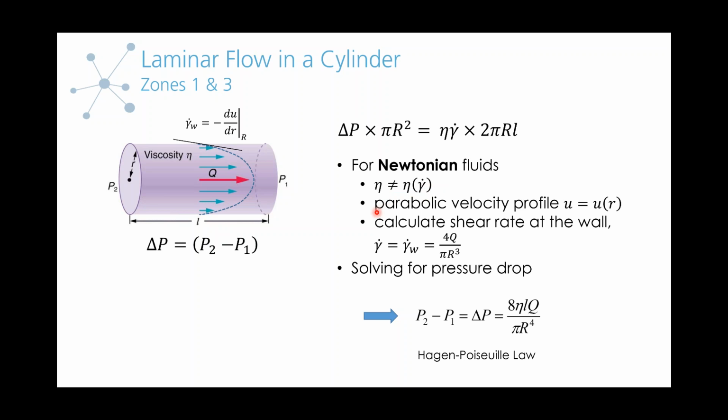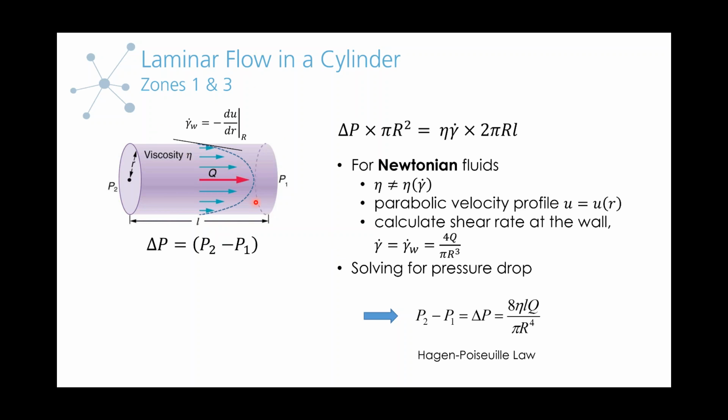So for the Newtonian fluid flowing through a cylinder, the velocity profile, and so what we have in the tube here are basically the arrows correspond to velocity vectors. The velocity profile is parabolic. So what we're assuming then is we have no slip boundary conditions at the wall of the tubing. So velocity goes to 0 towards the wall and then maxes out in the center. And so when we're calculating the shear rate, what we're interested in is the shear rate at the wall.